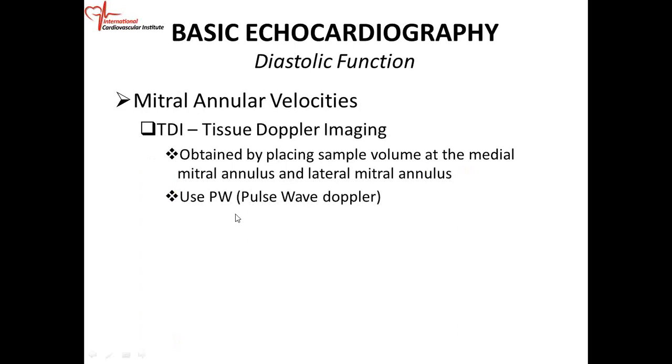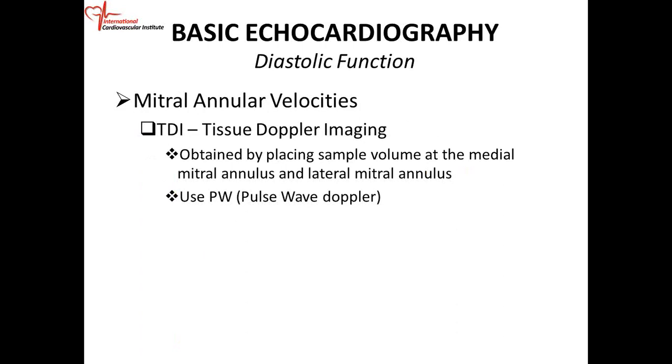Another important determinant of diastolic function and dysfunction is your tissue Doppler imaging. What we do, we look at the mitral annular plane, and we just want to see how fast it's moving. Because in health, that mitral annular plane is supposed to be moving at a certain speed.